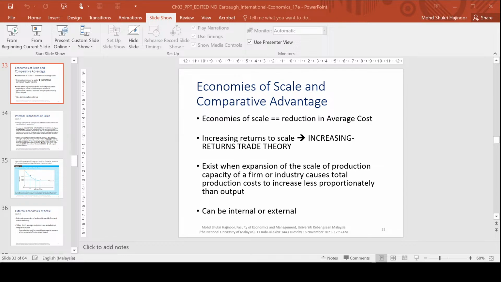Economies of scale can be internal and external. Internal is within the company; external is because of the industry, not because of your company, but outside of your company and within the industry.